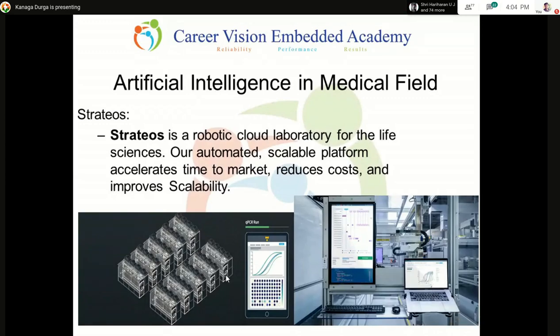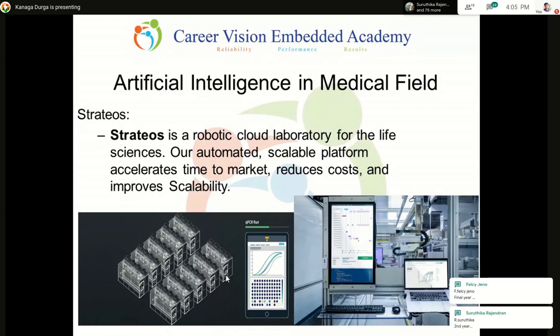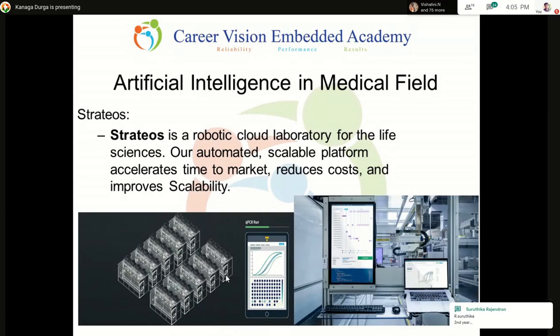Their DNA can fall into the samples, or there can be some other mishap, so that the sample is spoiled, and we need to start the process again from the beginning. Instead, if this is entirely automated and no human intervention is needed, the results will come out quicker, and also the results will be 100% accurate. We can see how the drug is reacting to that particular disease.